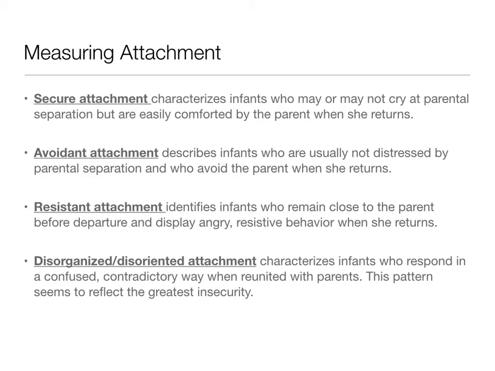Sometimes they're going to be very responsive, sometimes they're not. And so infants don't know how to respond. They don't understand the nature of the relationship. And so secure is really juxtaposed against these other three types: avoidant, resistant, and disorganized, these insecure attachments.